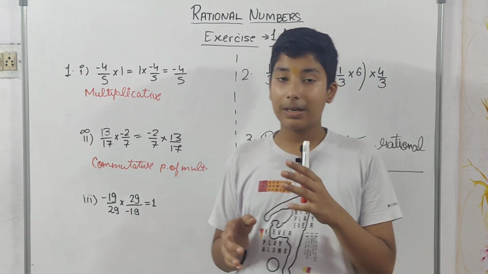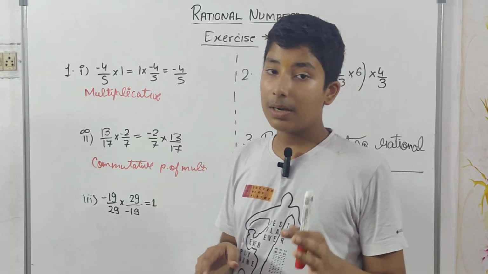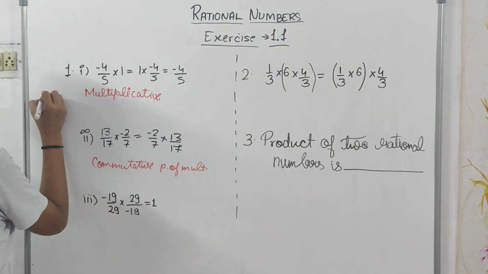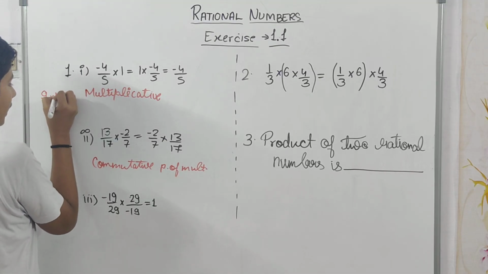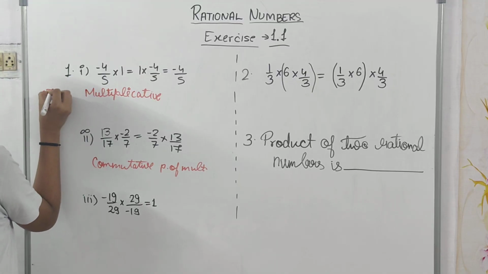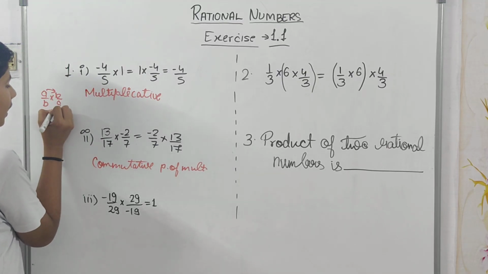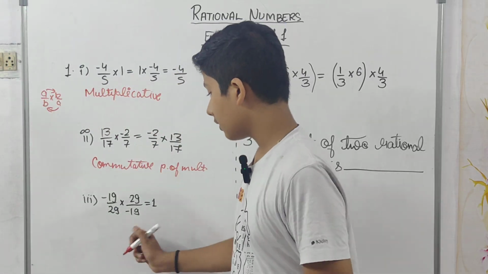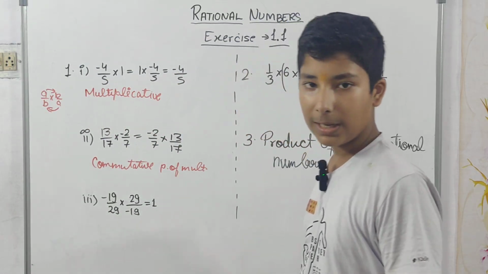Each is the multiplicative inverse of the other. You might be confused. See, A by B into B by A. So A by B is the multiplicative inverse of B by A, and B by A is the multiplicative inverse of A by B. So you can write it as the multiplicative inverse property.